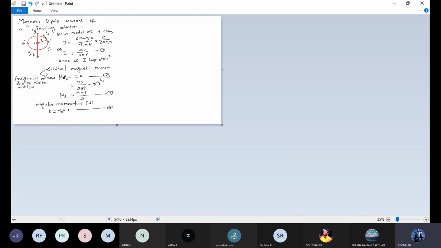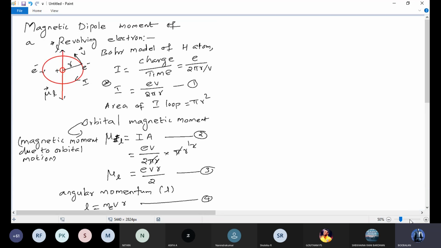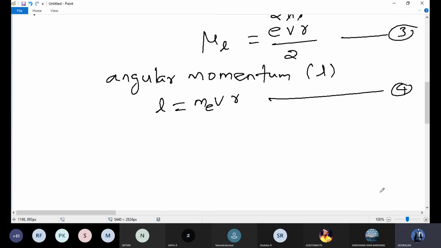From equation number 3 and equation number 4, divide equation 3 by 4.